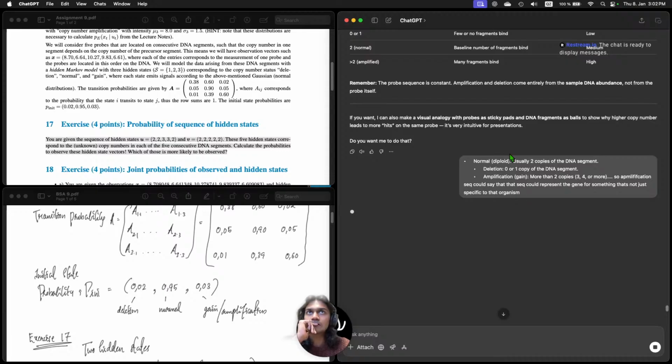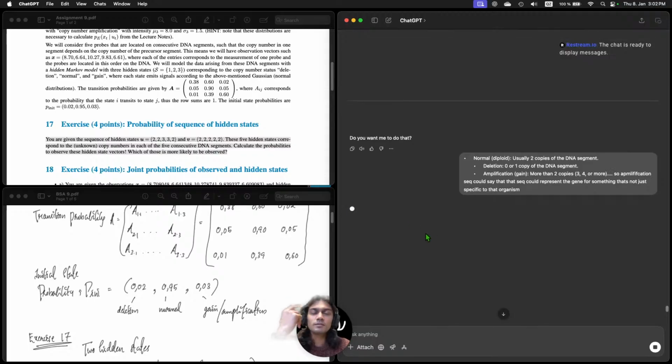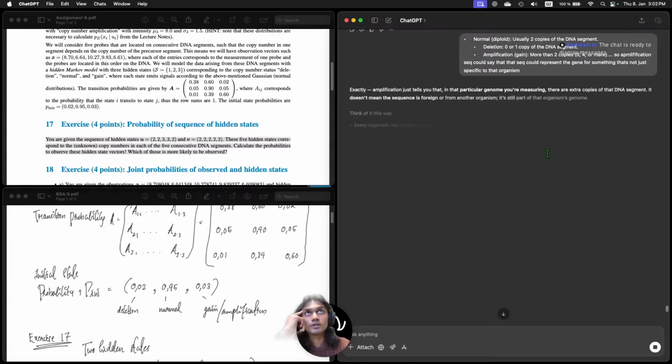If I'm wrong, I'm still okay with more control. I'm guessing ChatGPT is going to say it could mean that, but it's not always exactly so.